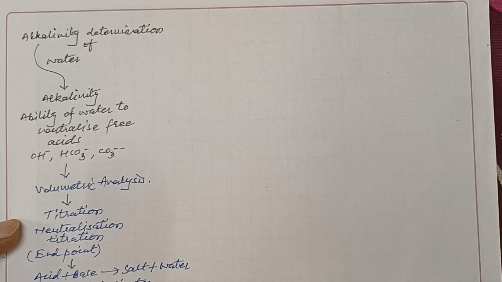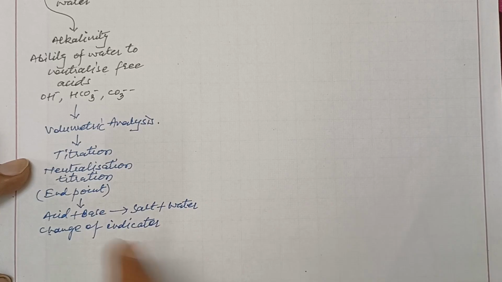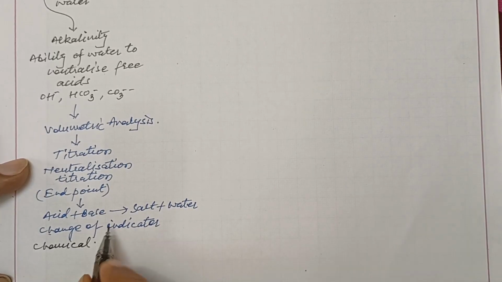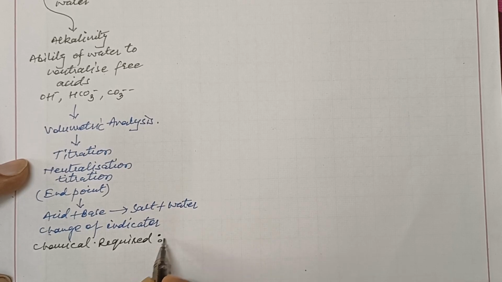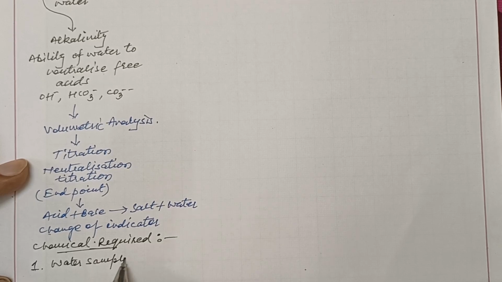Now the chemicals required for this practical. Number one is the water sample, WS. It may be any type of water sample which is alkaline in nature.